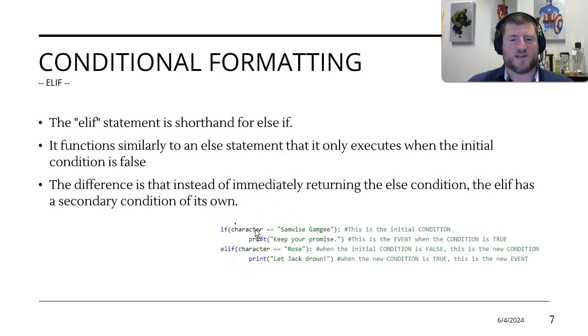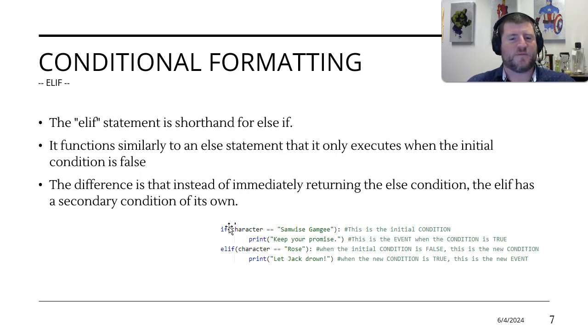In the event that this condition is true, it's evaluating this event. If this condition is false, then it's jumping down to the else statement. It's seeing that there is a second condition, and then it's evaluating that condition. In the event that neither of these two conditions are true, then it's going to skip out and neither of the events will happen, and it will just move on with your program.